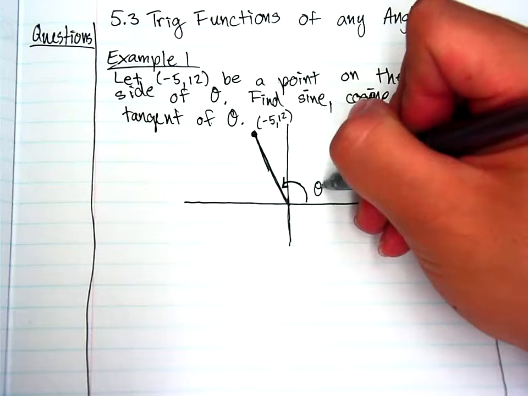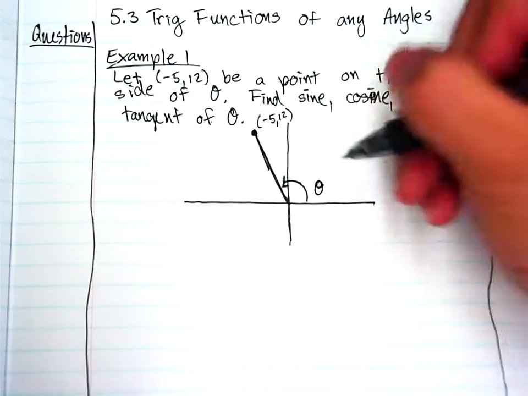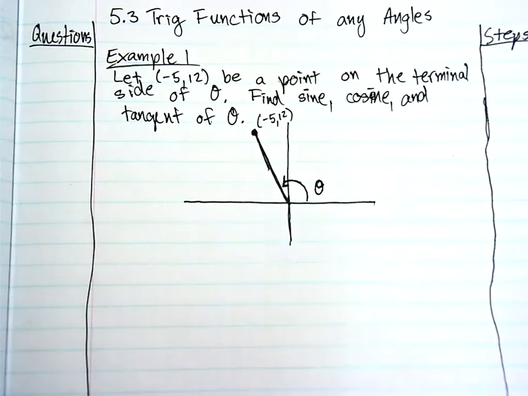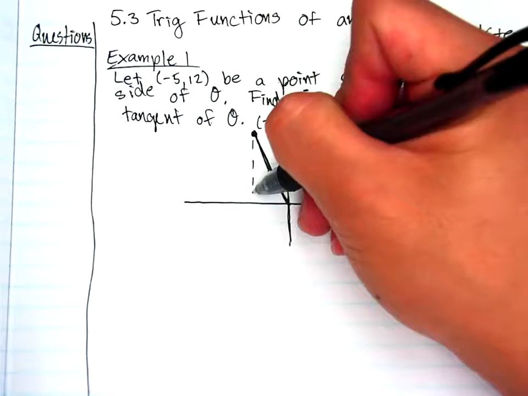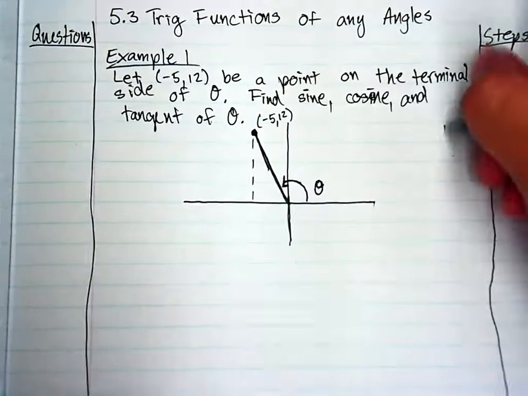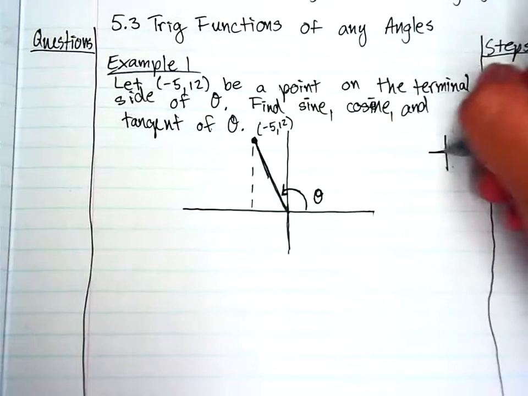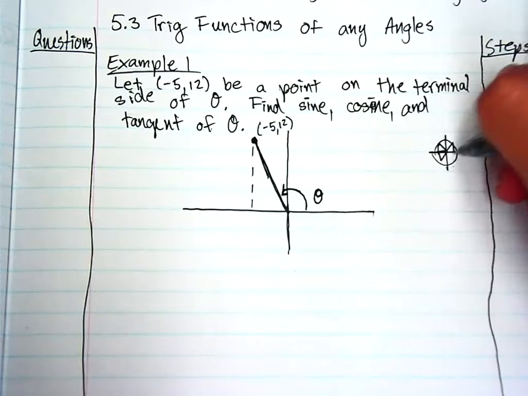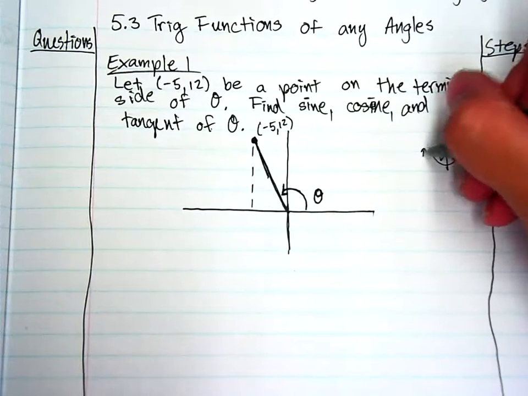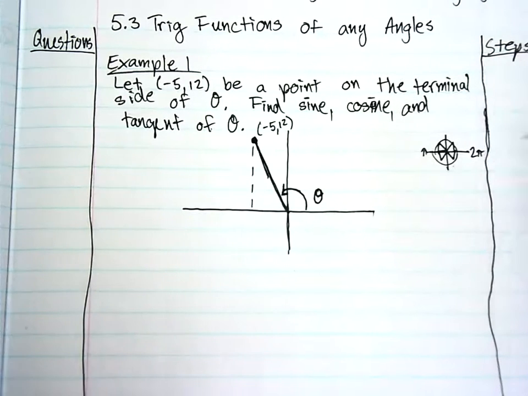So this is theta. Now in terms of actually finding our trig identities, the triangle that we're going to use to help us is actually the one that lines up with this one over here. Because if you may recall, with your unit circle, all of the triangles were lined up against the pi, 2 pi axis.